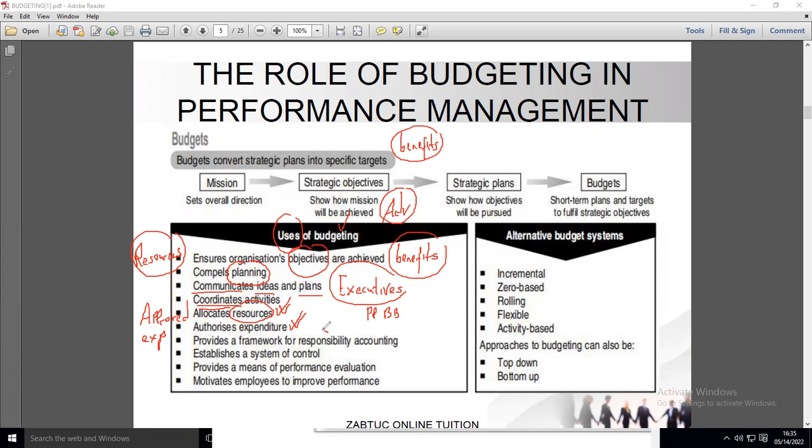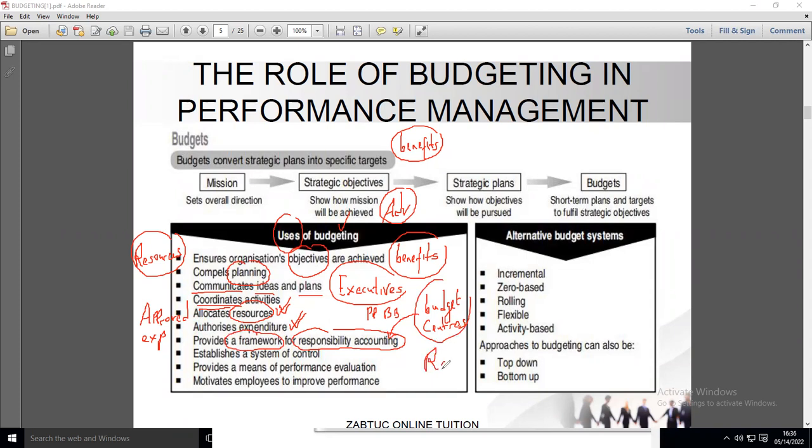This is a word which is now part of your vocabulary: responsibility accounting. So budgeting provides a framework. It provides a structure on which you can apply your responsibility accounting. Those budget centers can actually be adopted as what?